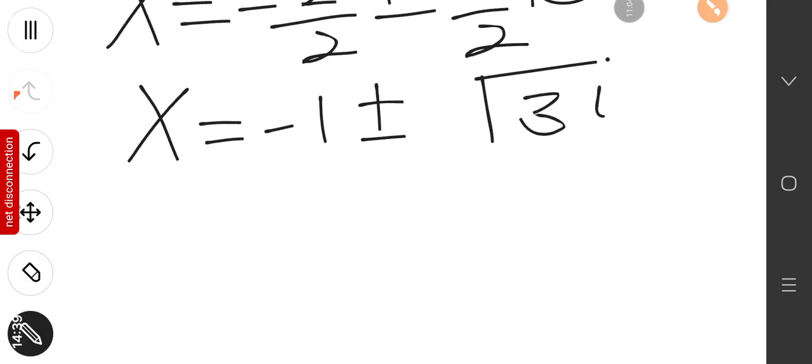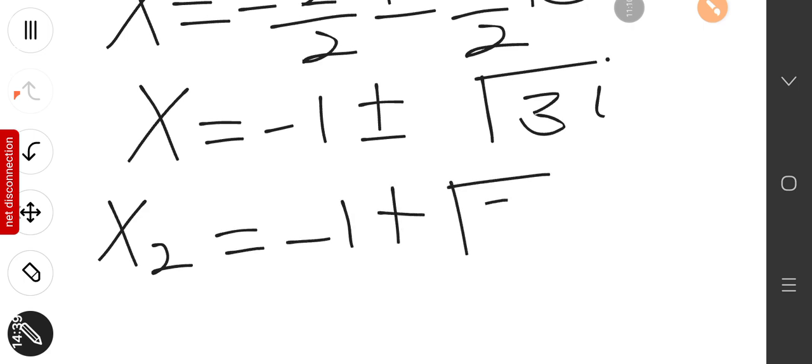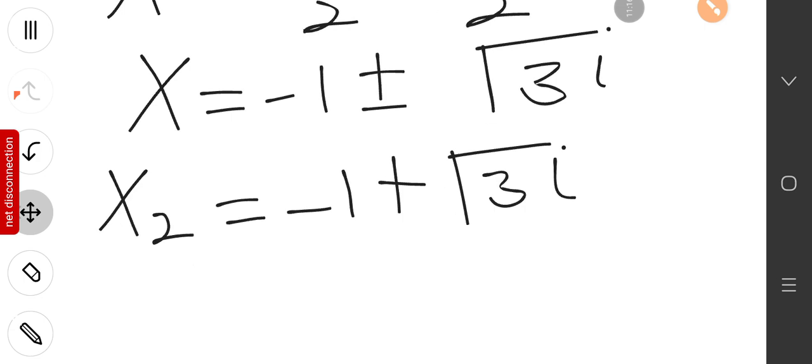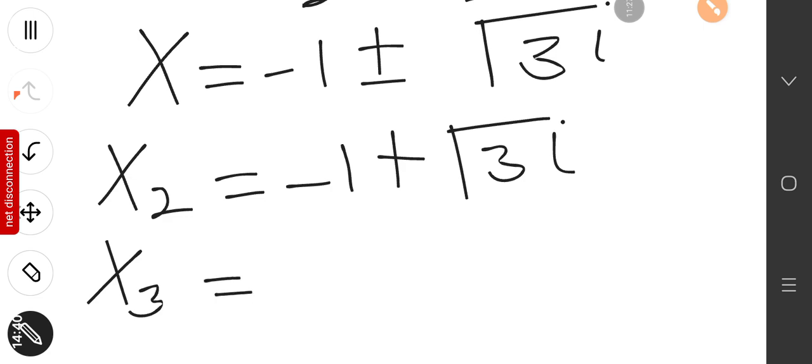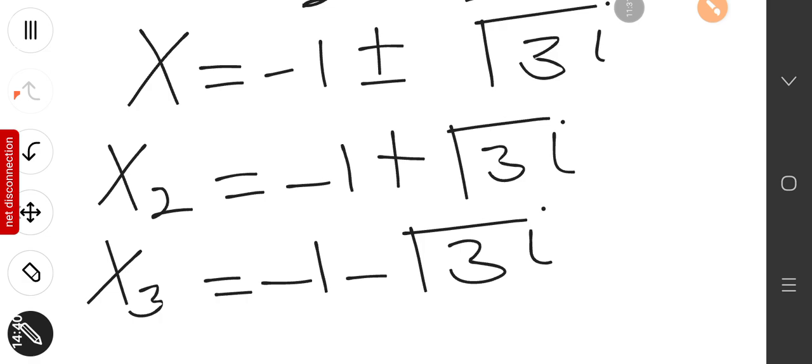So this is our equation, and therefore you can say x2 is minus 1 plus the square root of 3i, and then x3 equals minus 1 minus the square root of 3i.